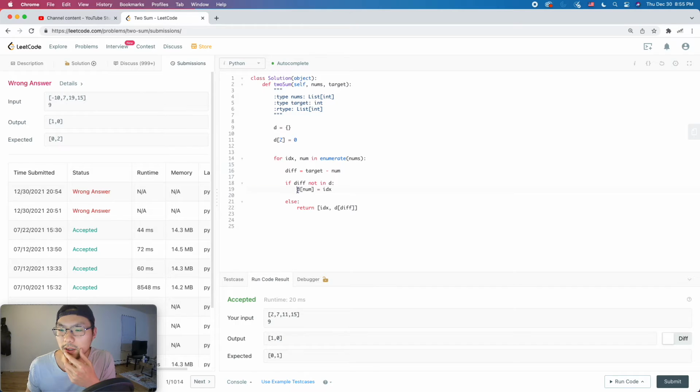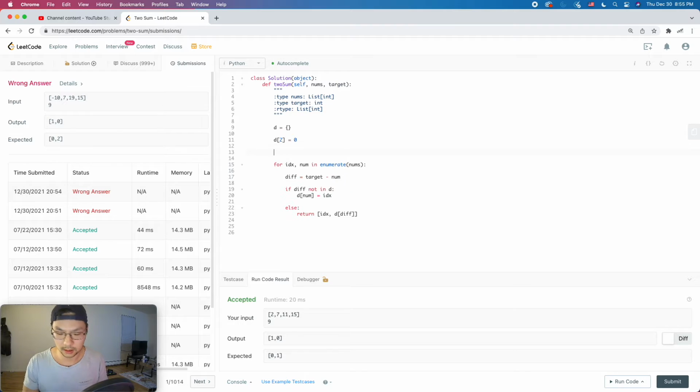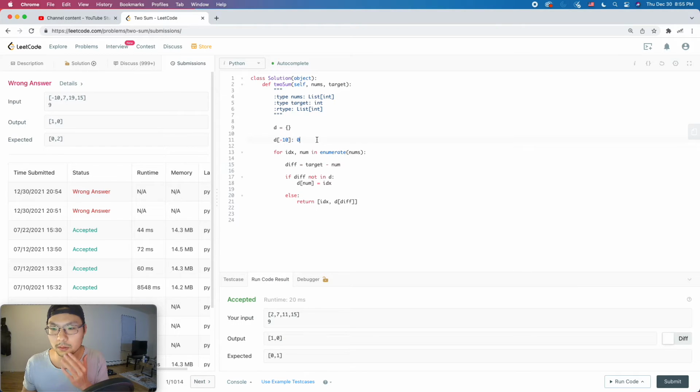So we add it, right? Let's say d of negative 10 equals 0, right? D of negative 10, 0. Let me just write this down. Then we go to the next number. The difference is going to be 2.